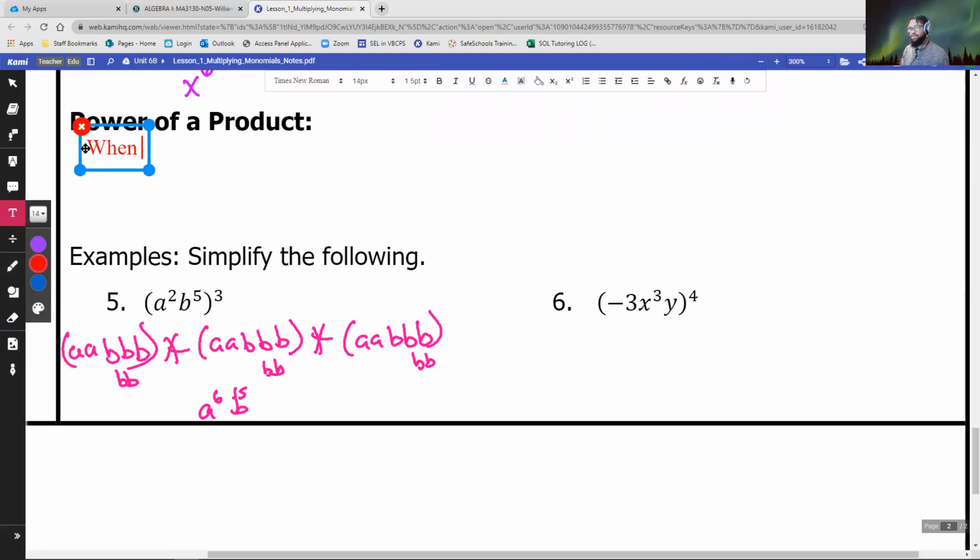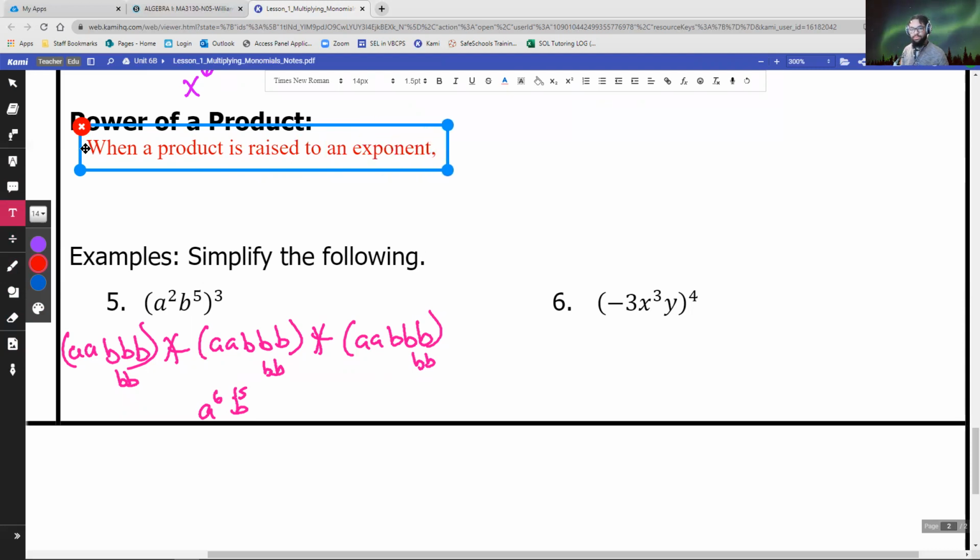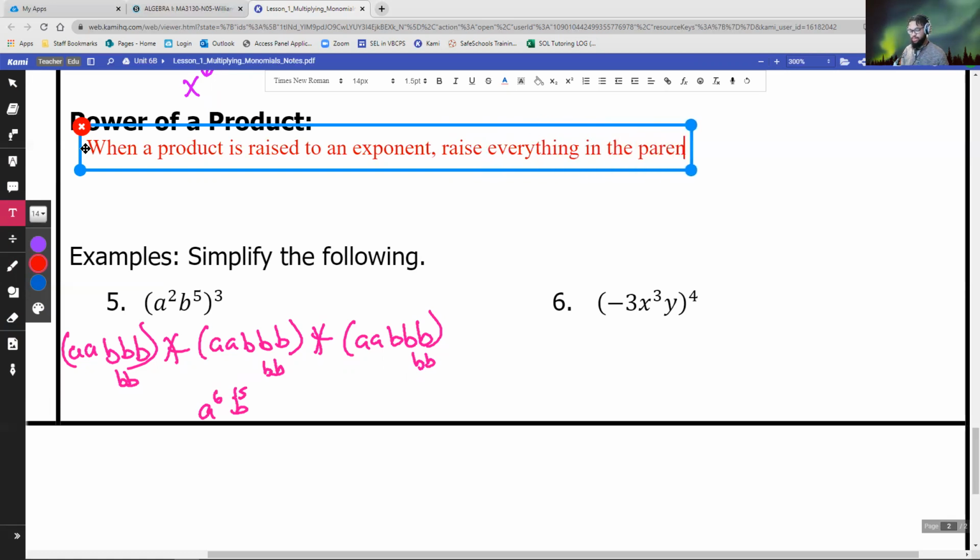When a product is raised to an exponent, we raise everything in the parentheses to that exponent. Okay. And then doing that gives you the same thing as the example I just showed you.